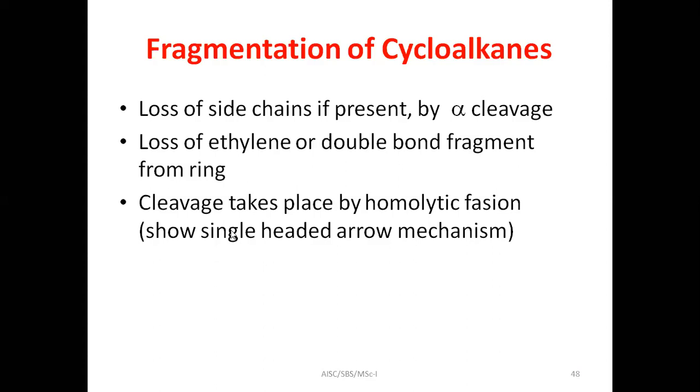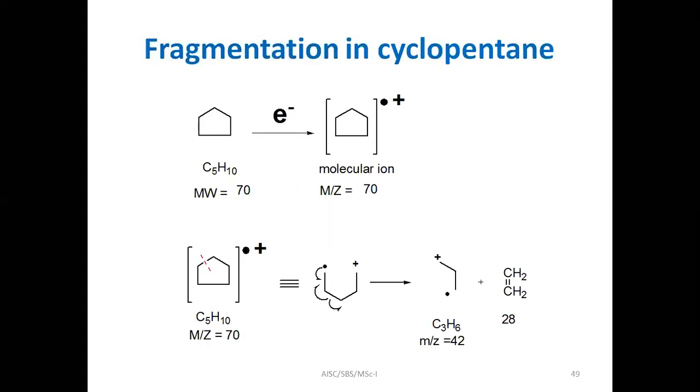And cleavage takes place by homolytic fission, that is single headed arrow you have to show for breaking of these bonds. If you are showing homolytic, you have to show single headed arrow in the mechanism. Example for this cyclic alkane, fragmentation of cyclopentane. Cyclopentane has molecular formula C5H10, because the ring is present, two hydrogen loss.